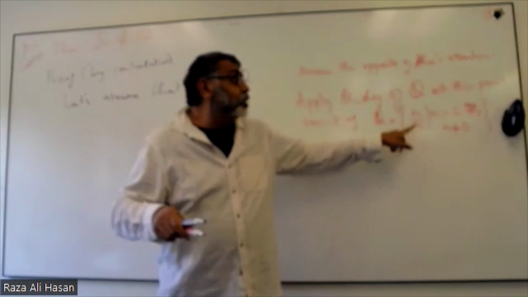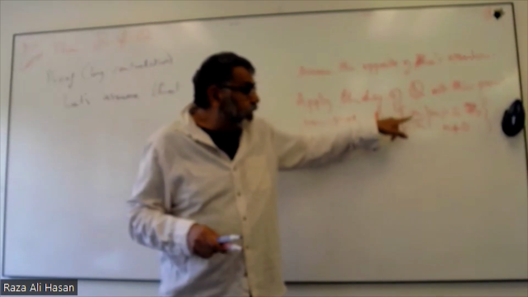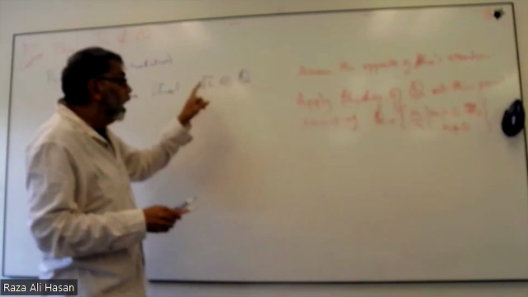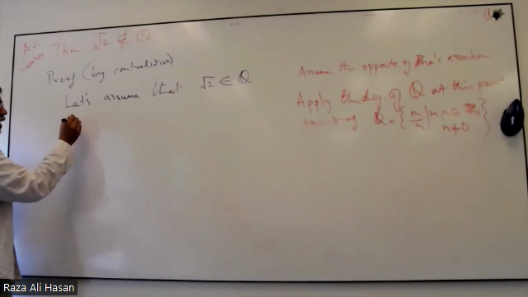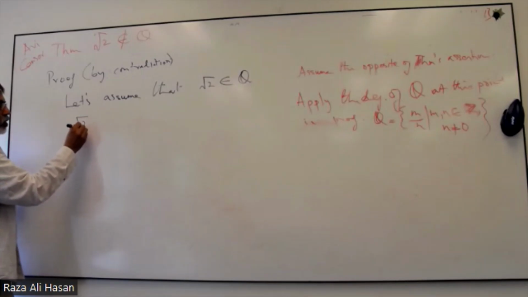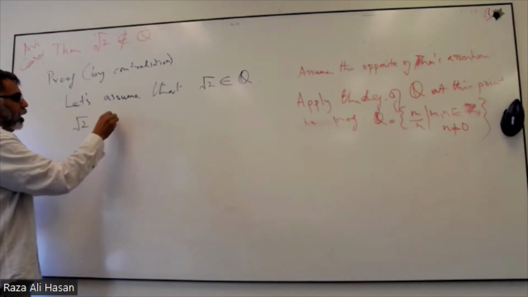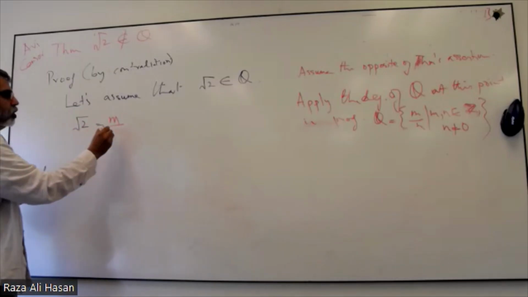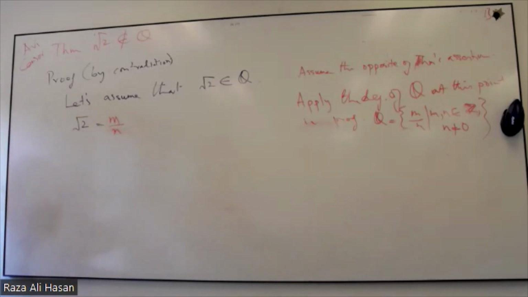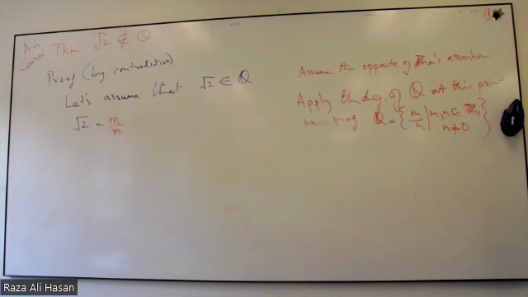There exist two integers, one placed in the numerator and one in the denominator, that are equal to this thing, literally. So square root of 2, this is our second line, equals m over n. I'm using small m and small n.